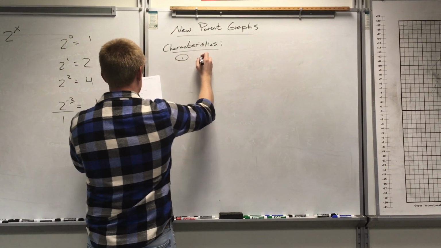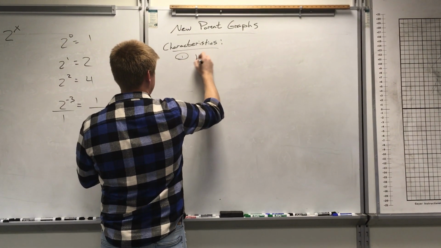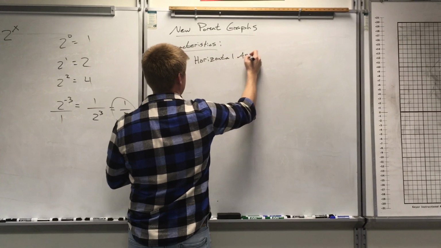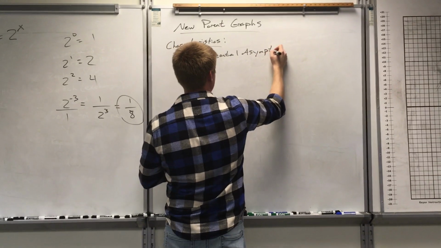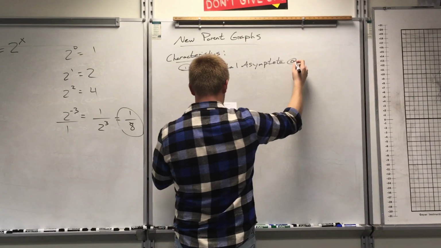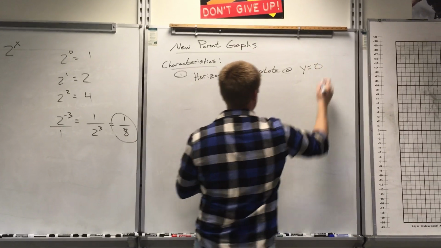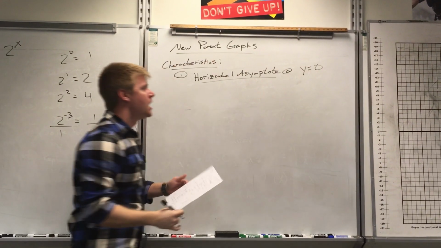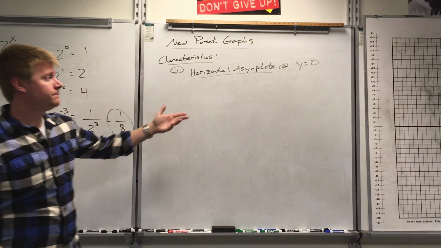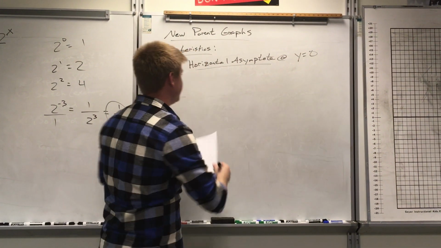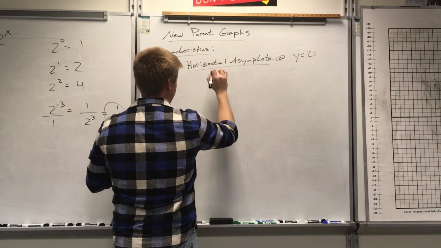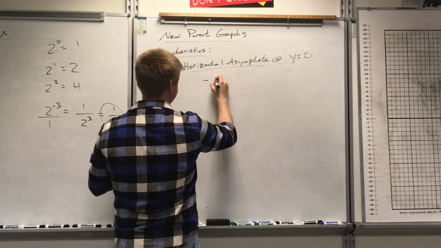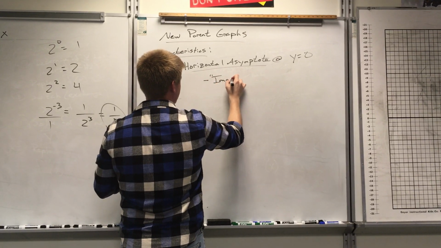One is that we have a horizontal asymptote at y equals 0. Okay, new word here. Horizontal asymptote. What is this? It is a line. Y equals 0 is a line. You can think of it as imaginary in a way.